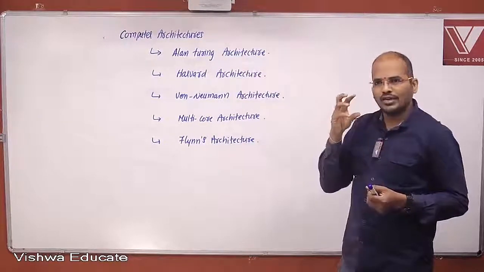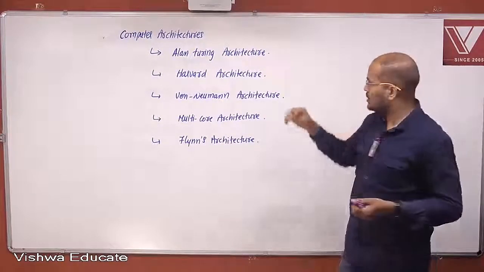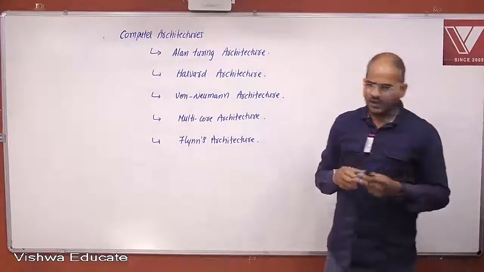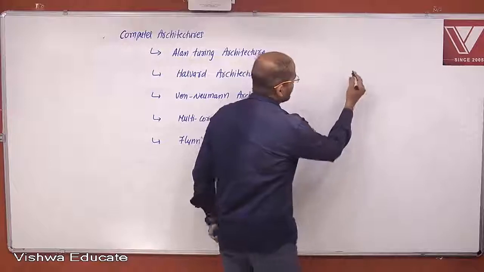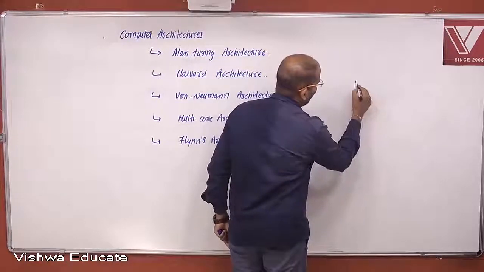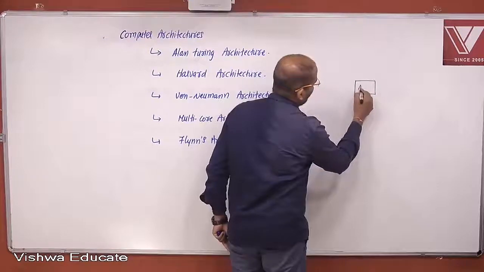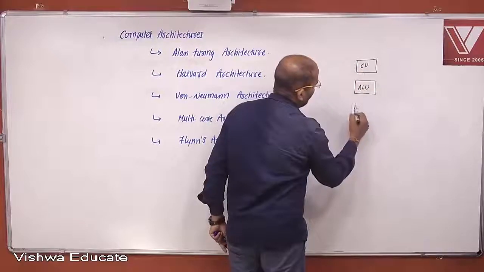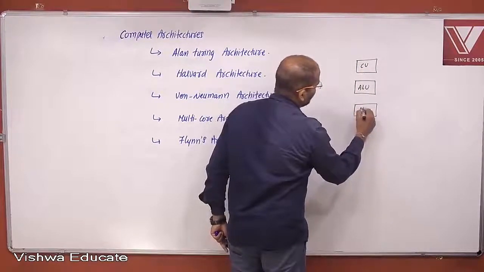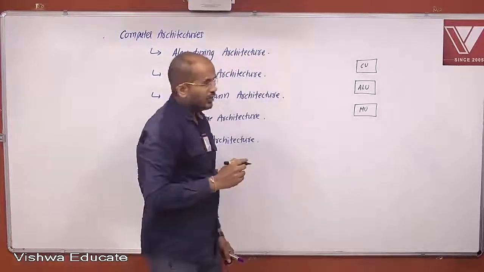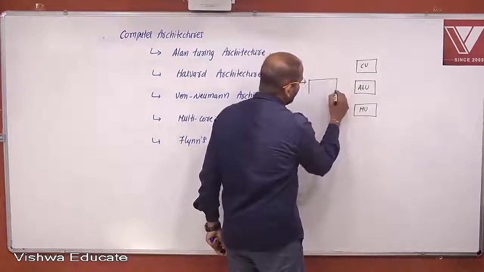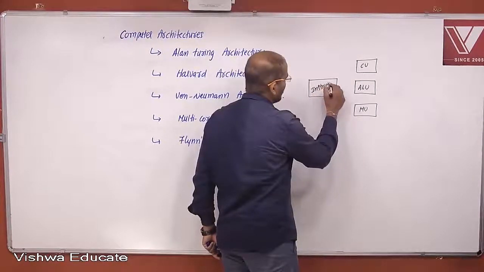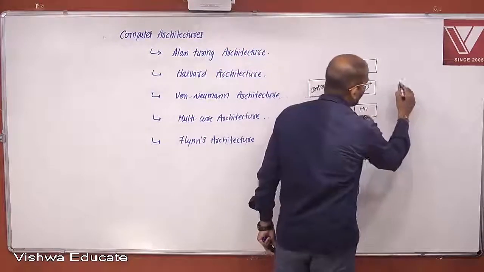And what in reality people started implementing is the Harvard architecture. In the Harvard architecture, we have ALU here, we have control unit here, and we have memory unit here. And we have a separate memory space for instructions. We have a separate memory space for data.